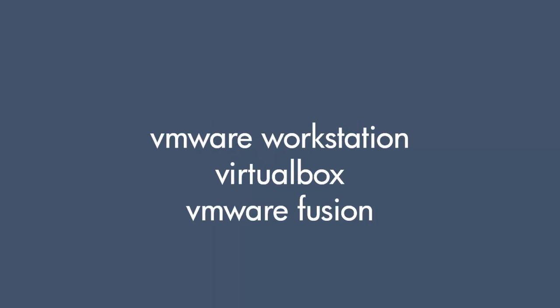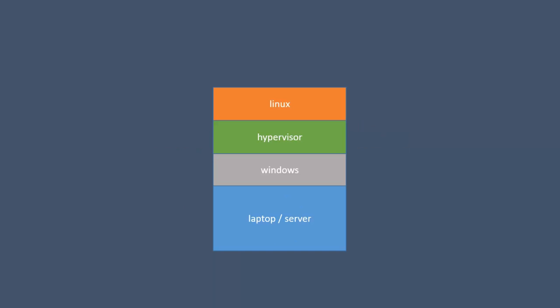So this is a piece of software which is loaded onto your laptop and can allow guest operating systems to share the resources. So in this diagram we see you've got your laptop or server which is running the host OS, and in general I think the most popular would be Windows.